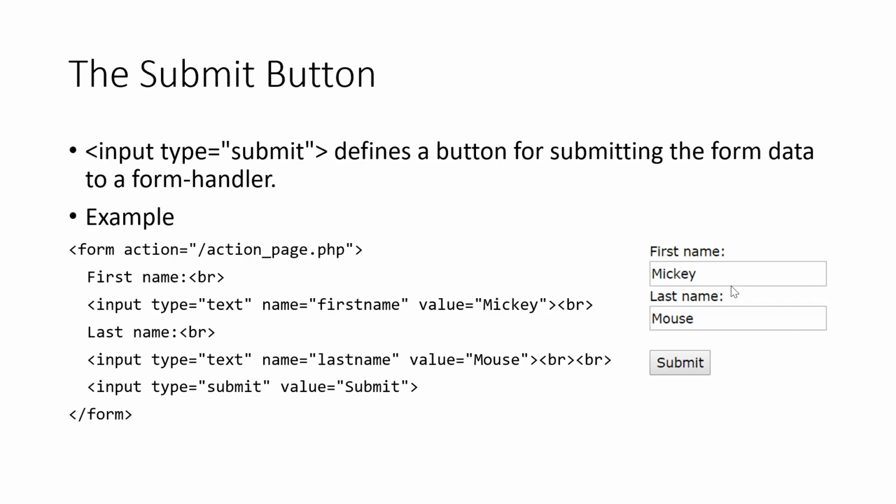This is usually what you click, and whatever the values are will be sent to the server. So that is for submitting information. Let's assume that you enter the appropriate values, and then the information collected will be sent to the server.